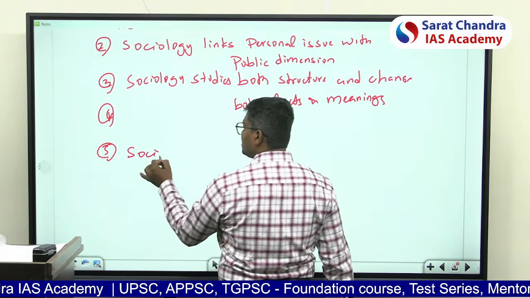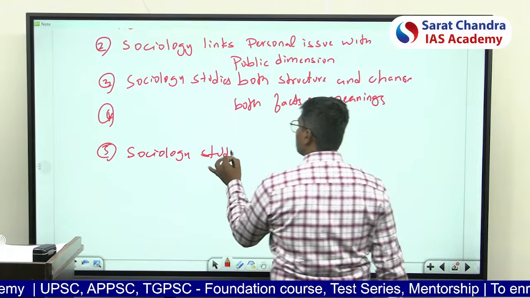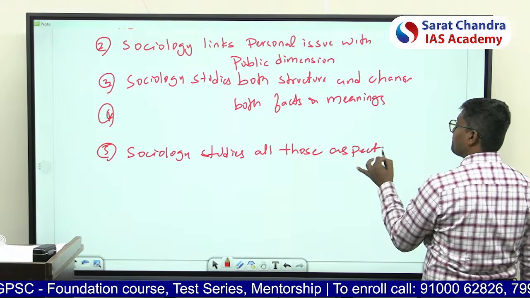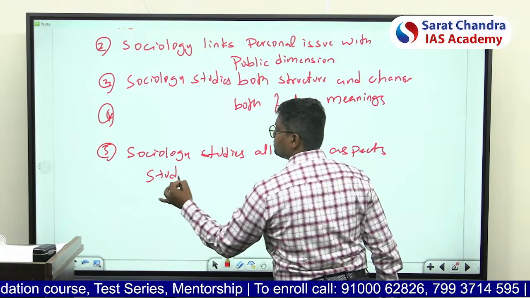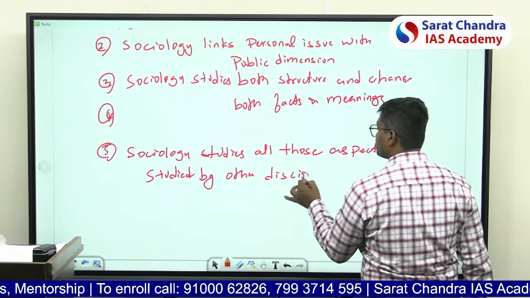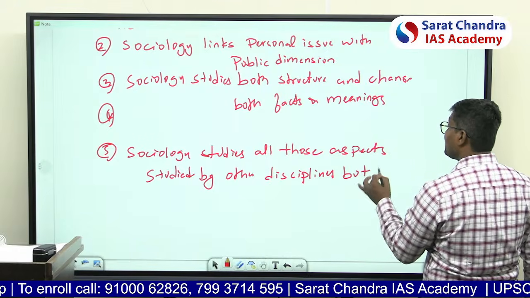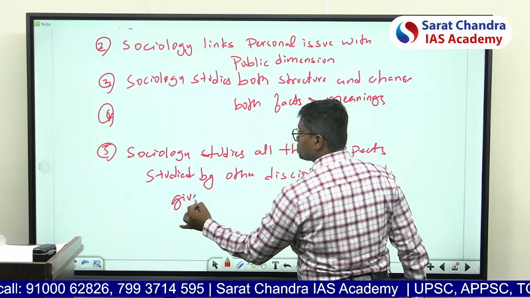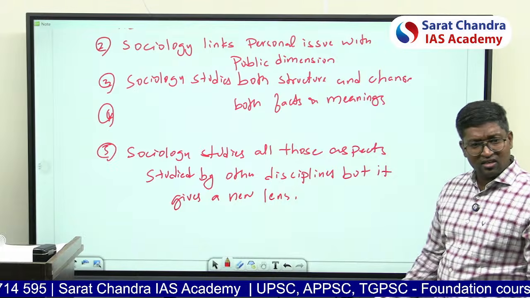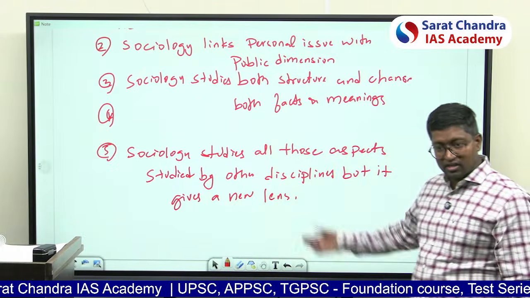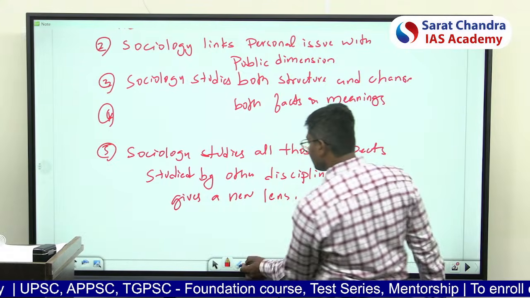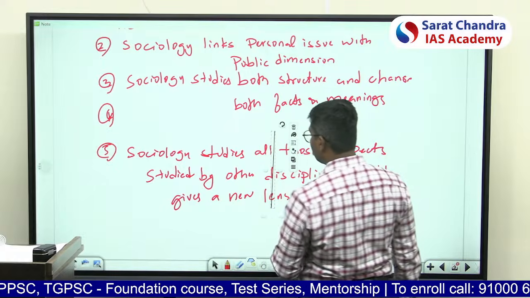Very important: sociology studies all those aspects studied by other disciplines, but it gives a new lens. Economics will study poverty, but sociology will give a new lens to study poverty. Next, tell me more, what are the other things?